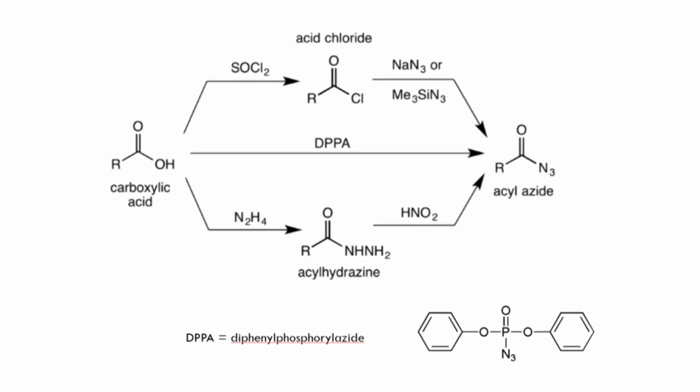And the last way to produce an acyl azide is to react it with hydrazine, which will give you this acyl hydrazine, and then you react it with HNO2, which, if you recall, is going to form a diazonium type of intermediate. The diazonium and azide are actually quite similar, because N double bond N double bond N is azide, whereas the diazonium is N triple bond N, so you're going to generate the acyl azide.